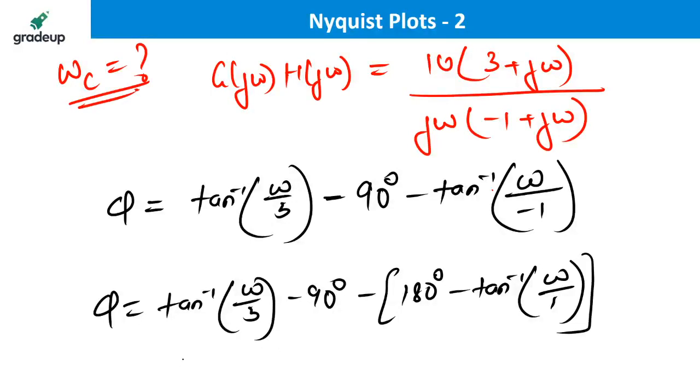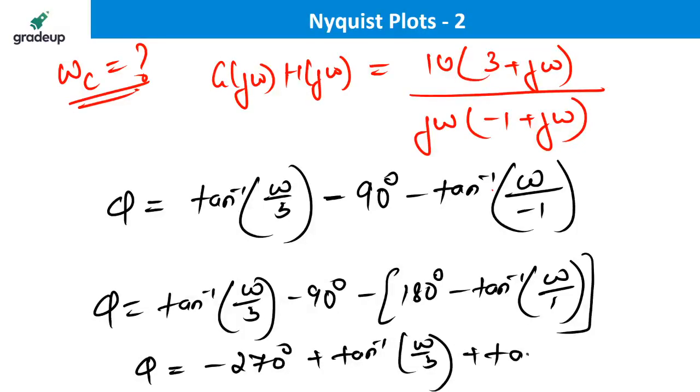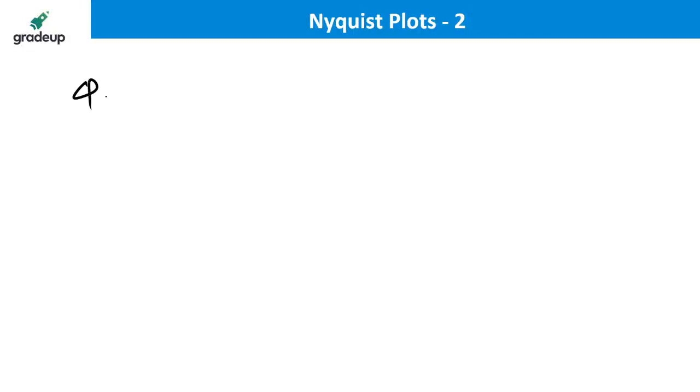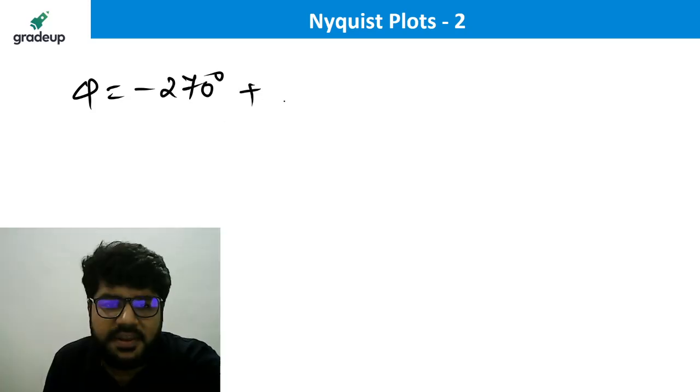Okay, so upon simplification, what is the phase? Minus 90 minus 180 is minus 270 plus tan inverse ω by 3, and this is also minus minus plus tan inverse ω. Yes, Sandulya, Samya correct. Okay, this is the phase. For the critical frequency, you have to simplify the phase.